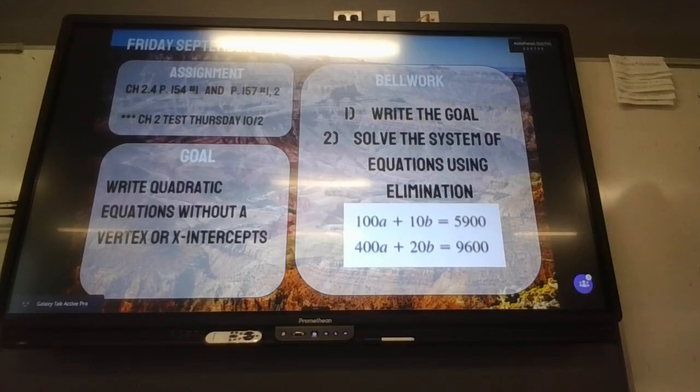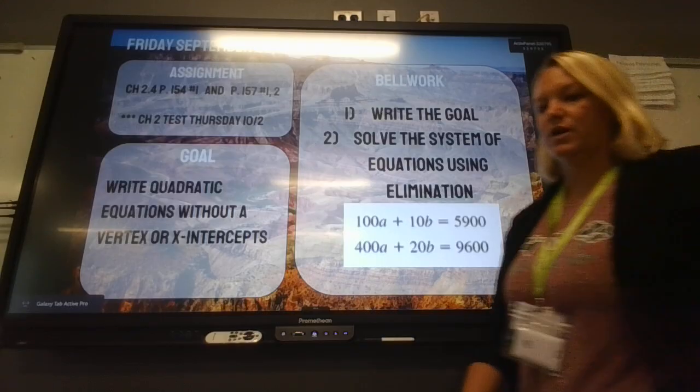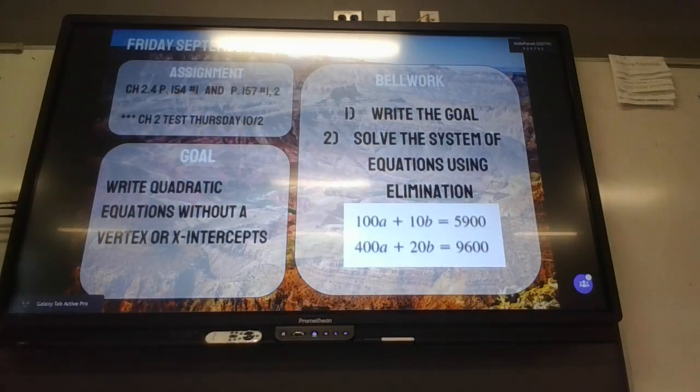This system of equations is 2 equations, part of 1 problem, and you use the 2 equations to solve for A and B, or for X and Y, or whatever it is. I hope some of you have tried it. Where do we begin? Does it say to make opposites?